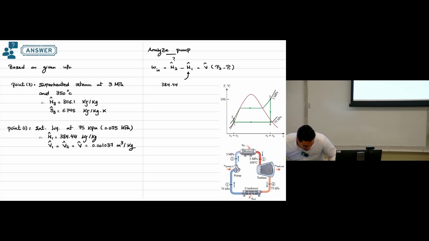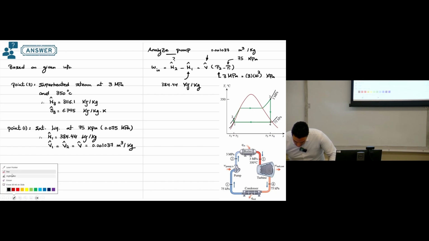We have the specific volume we just found, 0.001037. We have P2, which is 3 megapascal, which will be 3 times 10 to the power 3 kilopascal. P1 is 75 kilopascal. The specific volume is in meter cube per kilogram, and the work is in kilojoule per kilogram.